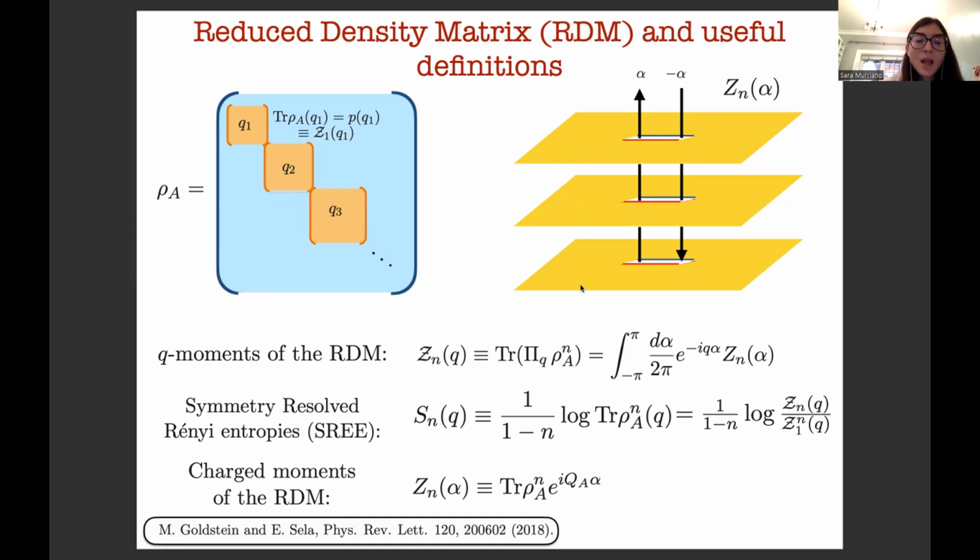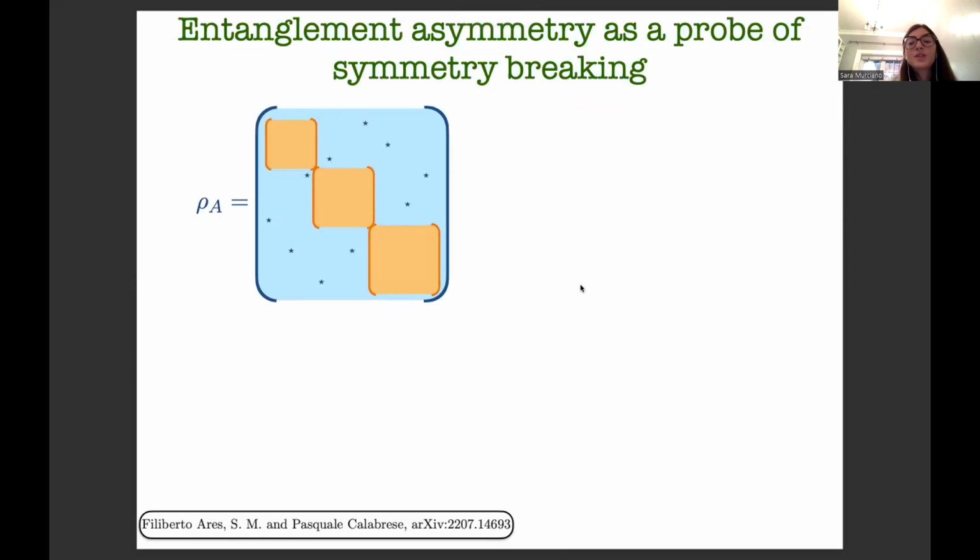And the question that we recently tried to address with Filiberto and Pasquale was: what happens if our reduced density matrix is not block diagonal, or in other words, if the symmetry is broken? So there will be some off-diagonal elements that break the symmetry.